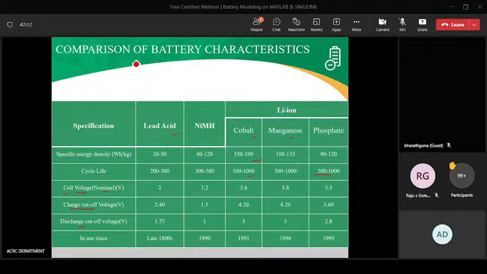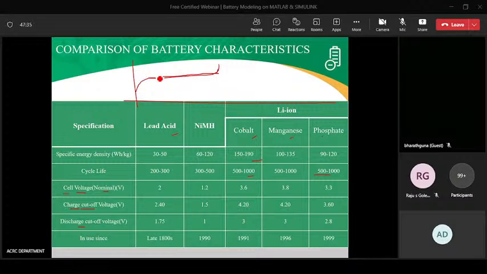We can see this from the curve. This is the voltage curve of the battery, where this part is slightly increasing straight. This part is known as the nominal, this one is the upper cutoff, and this one is the lower cutoff.